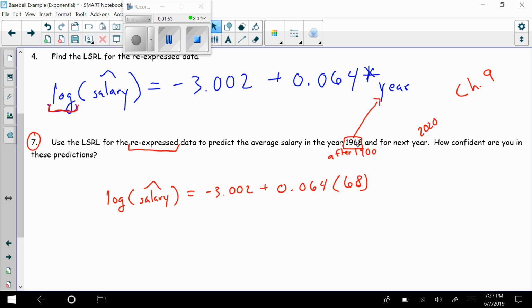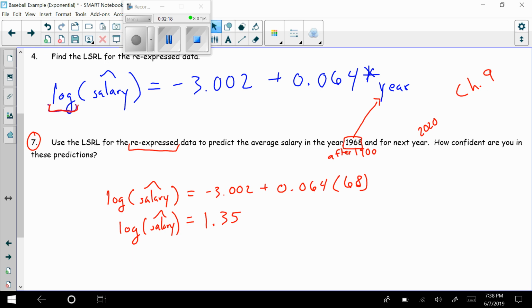You can't put 1968 because we made the model originally for years after 1900, which is 68 years. Now just take out your calculator and go ahead and plug those in. I got 1.35 after I plugged it in, and that of course is equal to the log of the salary.